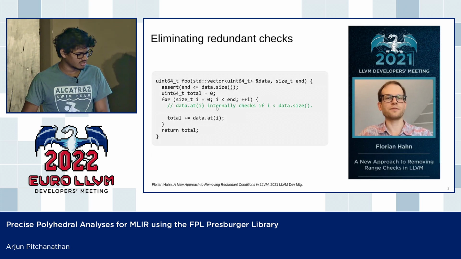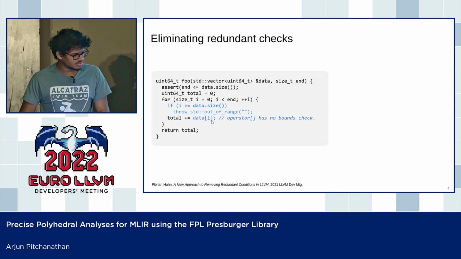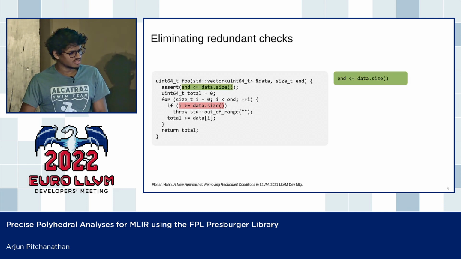So let's inline this .at into the loop. What we get is, if i is greater than or equal to data.size, then you throw an exception. Otherwise, you just add the element at data[i], and note that that operation does not do a bounds check. If you take a look at the snippet we have here, this bounds check shouldn't be needed because firstly, we have an assert that end is less than or equal to data.size, and secondly, the loop bound is that i is less than end.